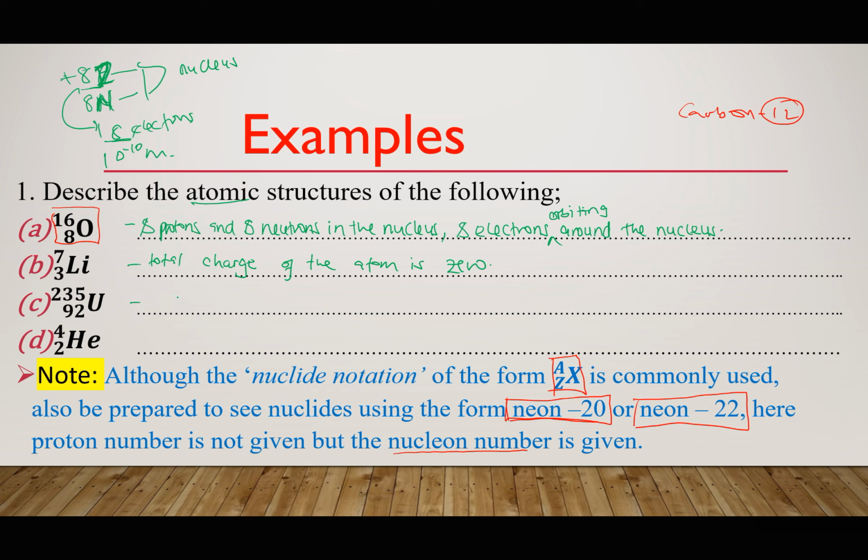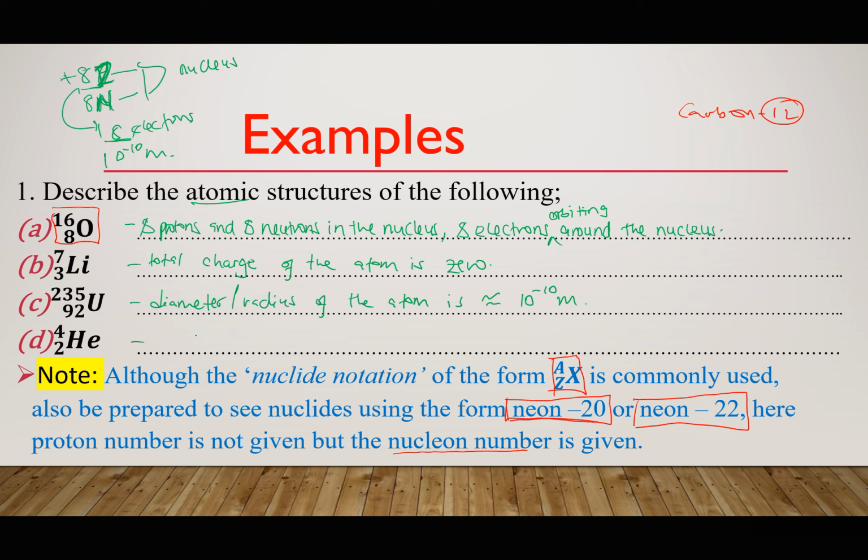And of course, I know that the diameter or radius of the atom is approximately 10 to the power of minus 10 meters. I've mentioned that in the scale of things.